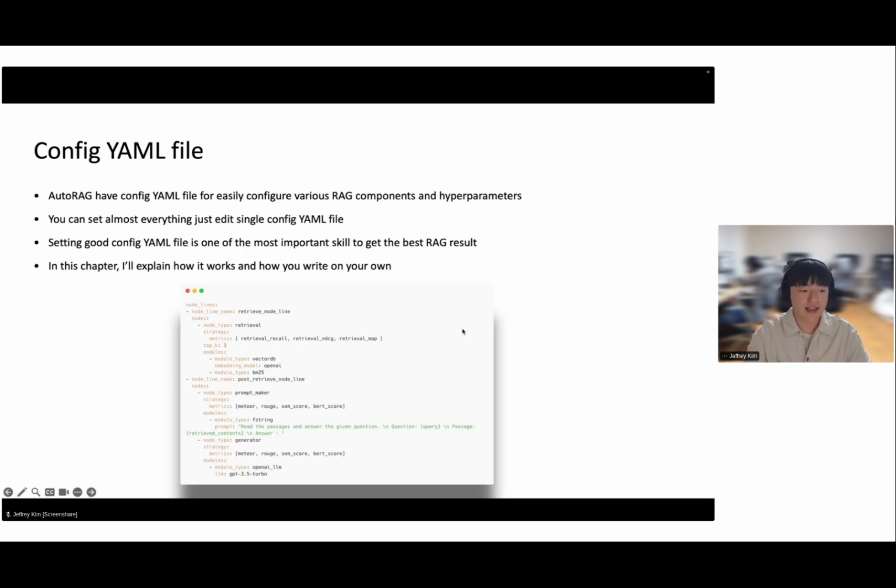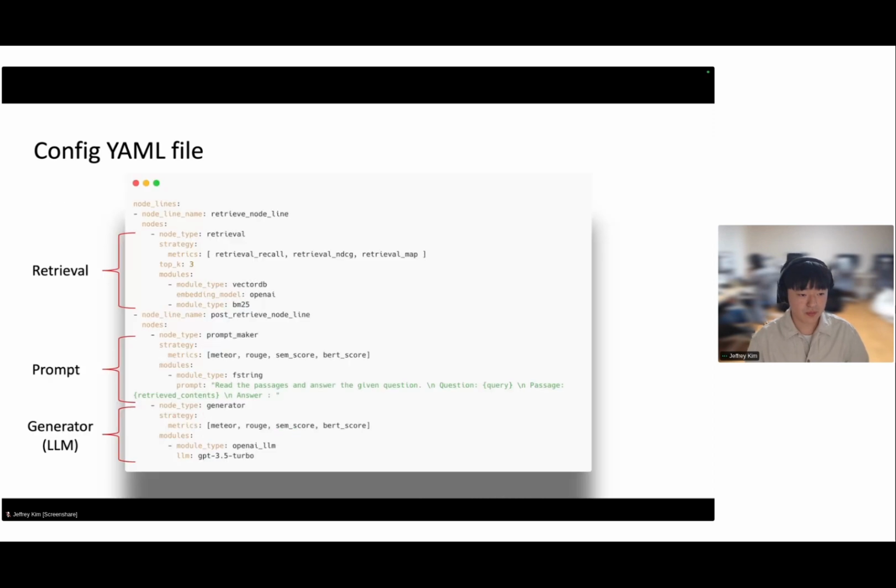So we selected this simple config YAML file. You can set almost everything just by editing this single config YAML file. And setting a good config YAML file for your RAG data is a really important skill to get the best RAG result. So in this section, I'll explain how it works and how you can write one on your own.